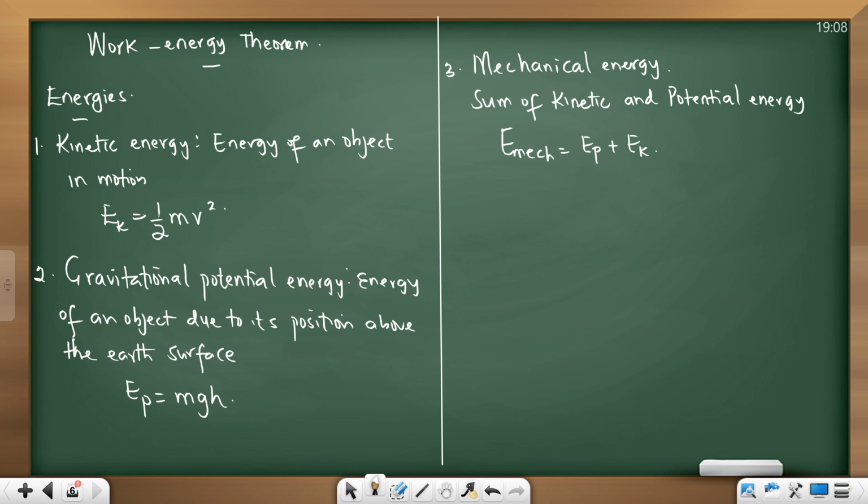Work energy theorem. And remember what I said about the work energy theorem? One side of the equation is what? Work. So it's going to be work net equals delta EK.